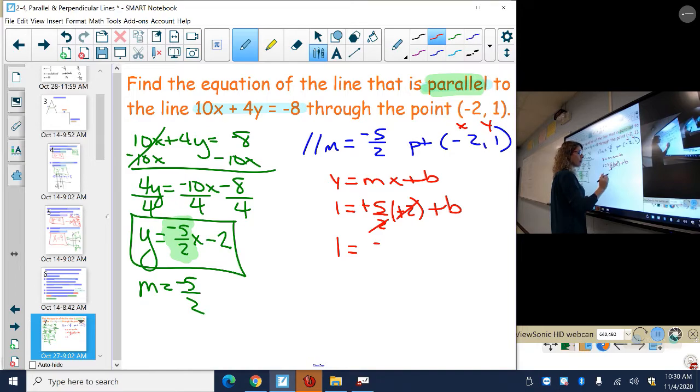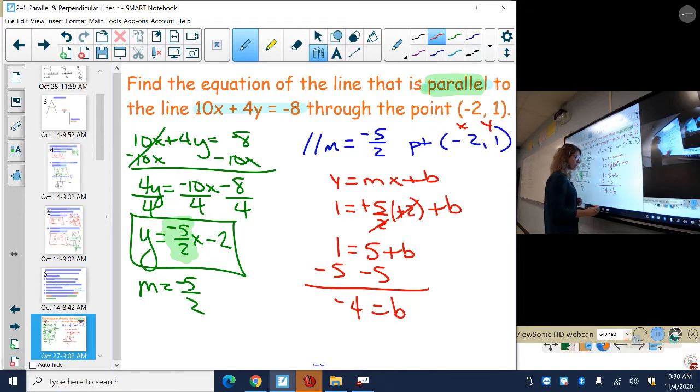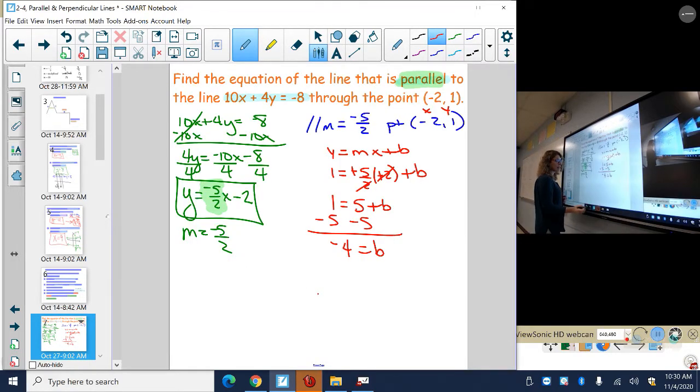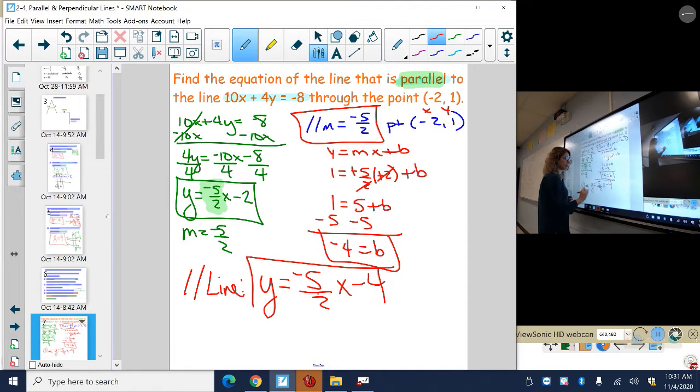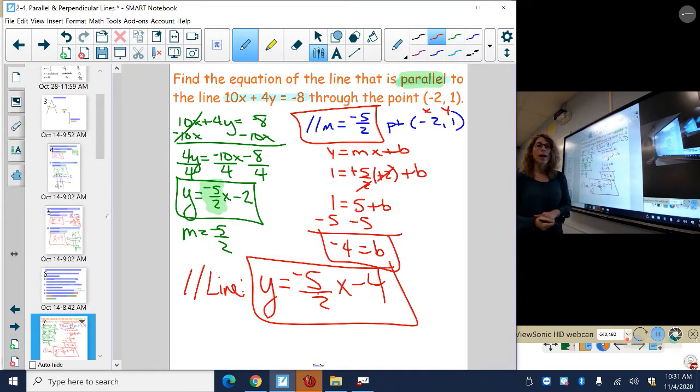The 2's cancel out, and I'm left with 5 plus b. Subtract the 5. Negative 4 is equal to b. So that means that my parallel line is going to be y is equal to my parallel slope, negative 5 over 2x, and then my b value that I just found. That is your parallel line.